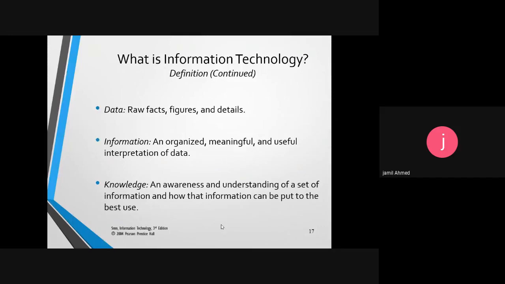So data is basically a raw fact, and when the data is processed, it is known as information. When the information is interpreted, it can be converted into knowledge as well.